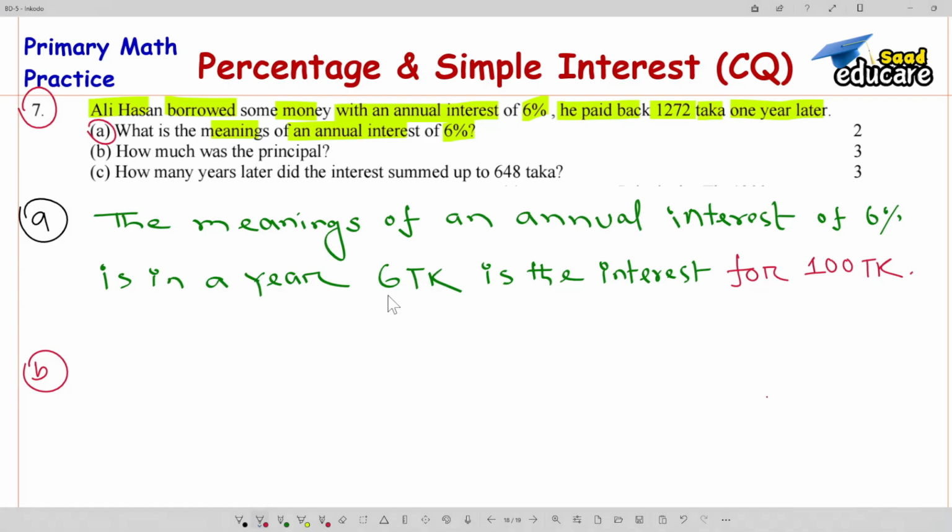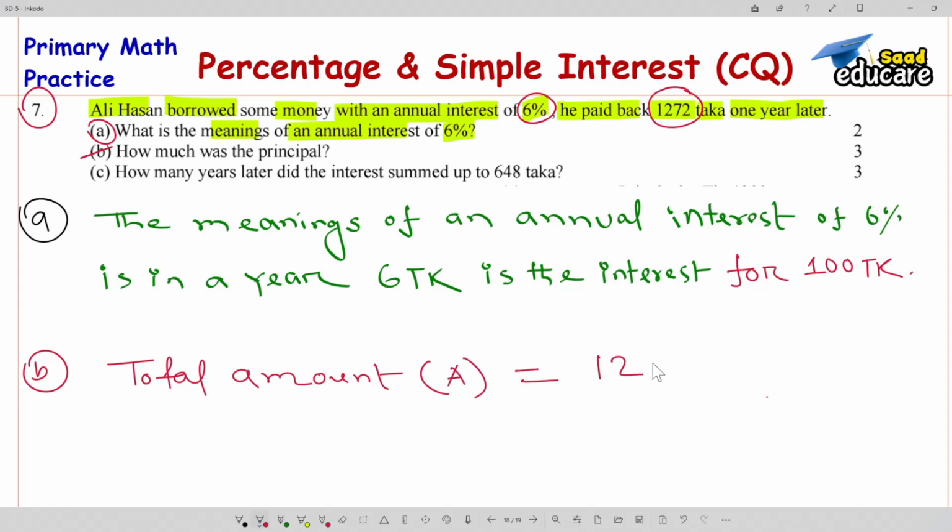Two ways we can solve these kinds of math. First one is a general method. We already discussed the meaning of annual interest, and now, how much was the principal? Look, here only 6% is mentioned, and 1272 is the total money or total payment, the total amount, which can be denoted by A equals 1272 taka, right?